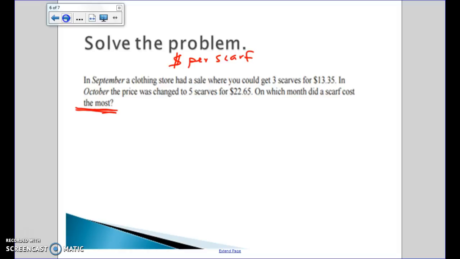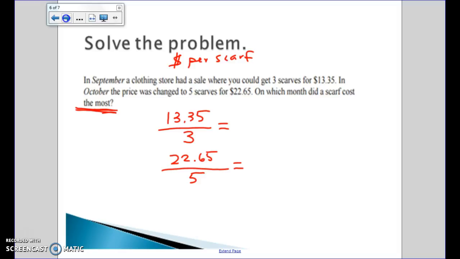And so I see that the price for scarves in September was $13.35 for 3. And I see the price for scarves in October was $22.65 for 5. And I'd like to get the unit rate to know how much each scarf costs. So what I'm going to do is literally just divide this fraction.